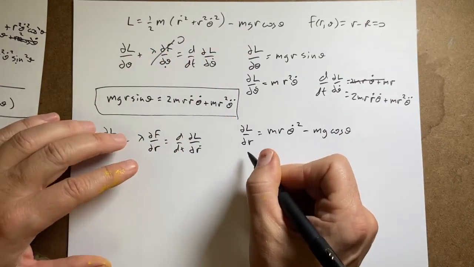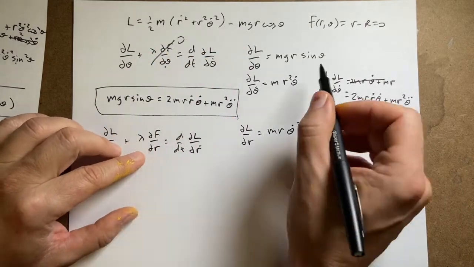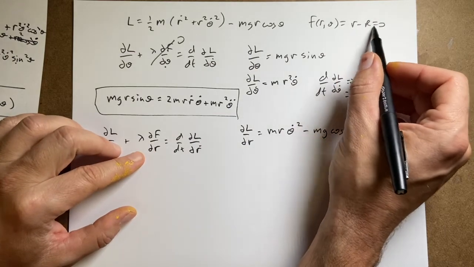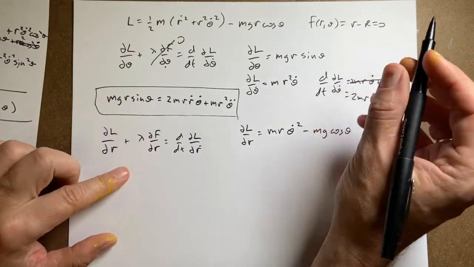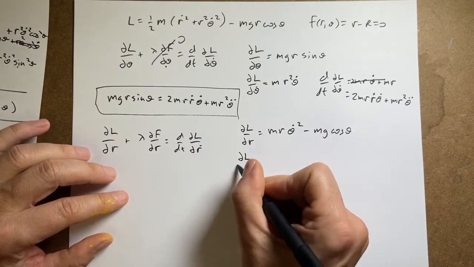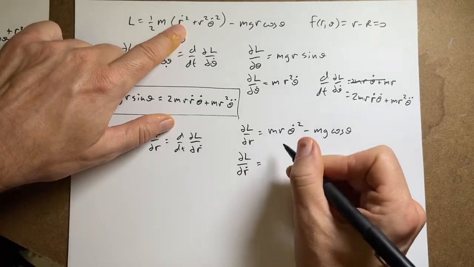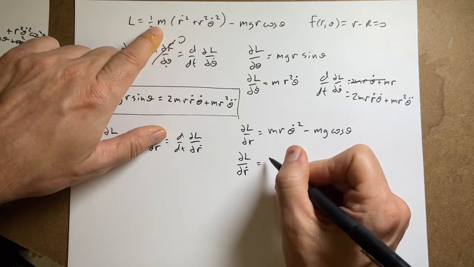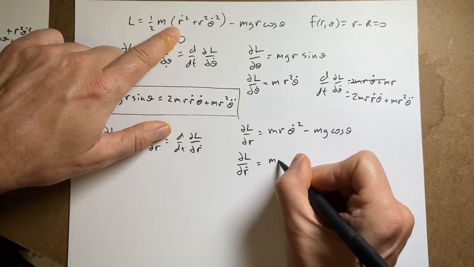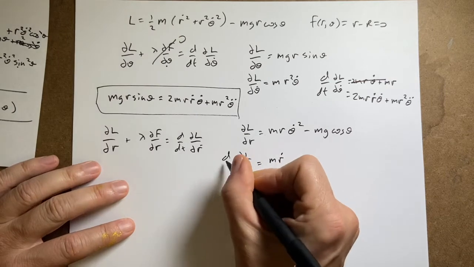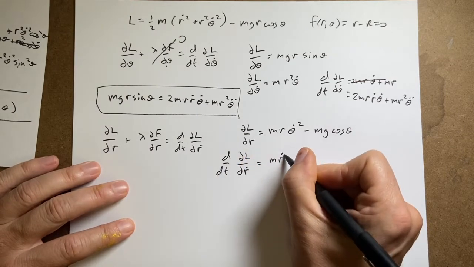Okay, now let's take the partial of f with respect to r. This is going to be 1, right? So I'm just going to have a lambda there. And then the partial of L with respect to r dot is going to be, here's 1, so I get m r dot, and that's the only one. And if I take the derivative of that with respect to time, it's just mr double dot.